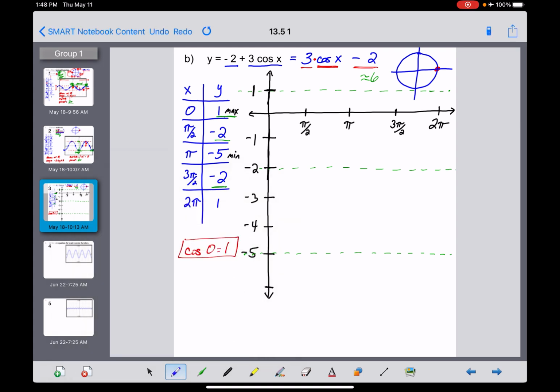We start at the ordered pair (0, 1), which is right up here, and then we go to (π/2, -2), and the fact that I drew those little dotted lines makes this pretty easy to locate. We're at (π, -5) right there. We're at (3π/2, -2), and we're at (2π, 1), which is located right there.